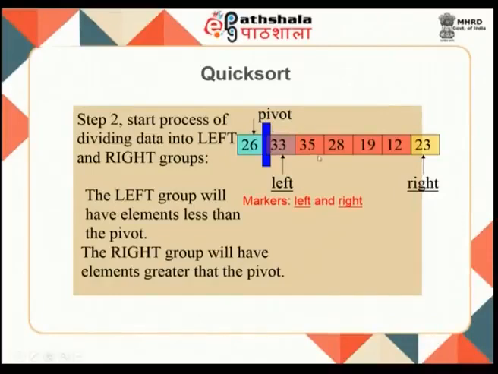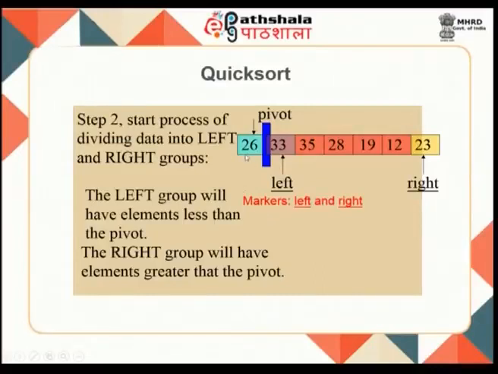The logic is very simple. Left-hand side should be lesser than the pivot. So we have two groups, left as well as right, such that the left group will have elements lesser than the pivot element and the right group will have the elements that are greater than the pivot element.